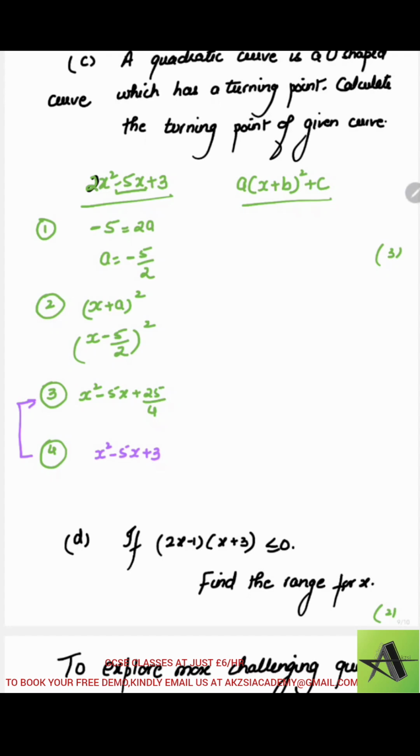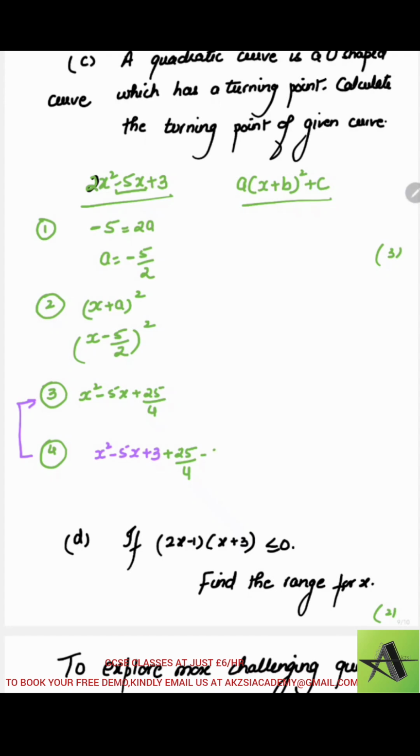I need to add 25 over 4 here because I want to convert my original equation somehow like this, and that's why I have added 25 over 4 to it. This is typical if you are doing it for the first time. That's why I have attached the link in the description box so that you can go through it.